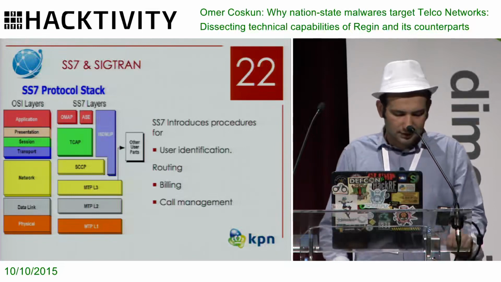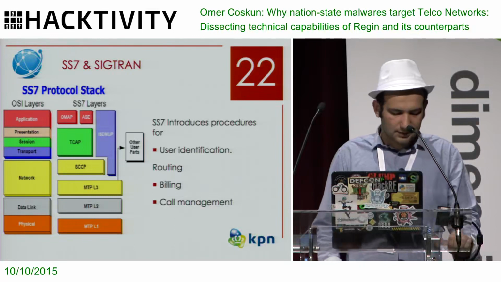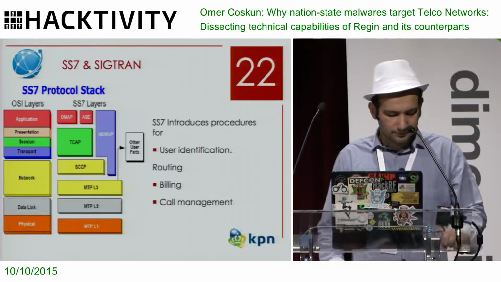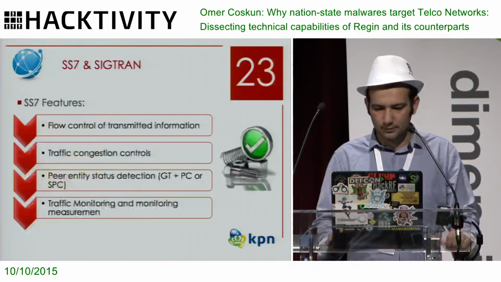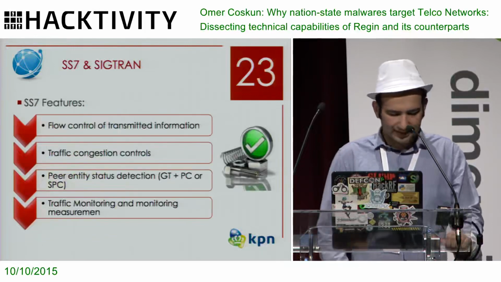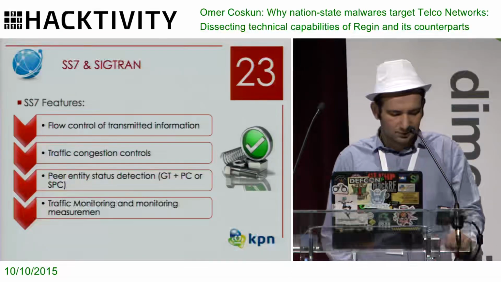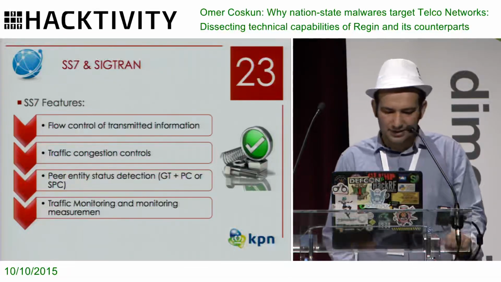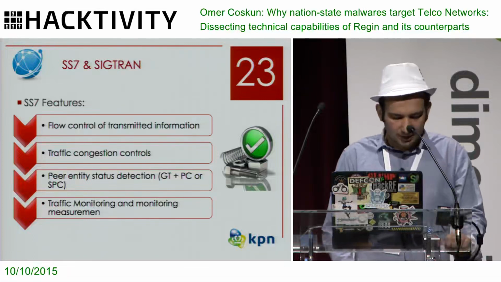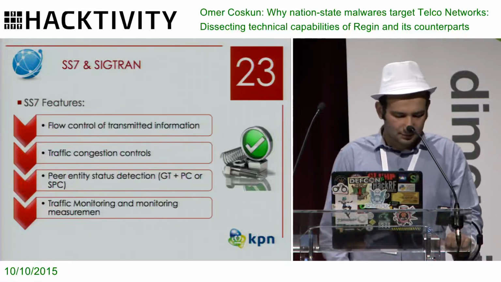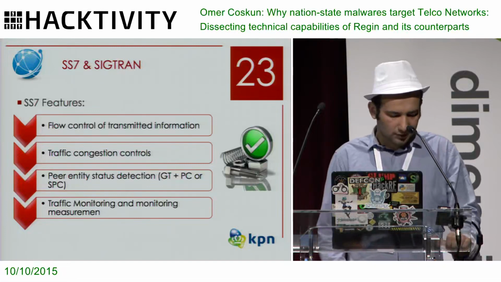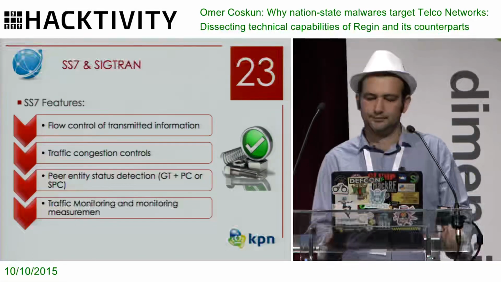There is also the signaling connection part, transport capabilities, application part, telephony user part, and ISDN user part. Some of the SS7 functions include flow control of transmitted information, traffic congestion control, peer identity status detection, or traffic monitoring and monitoring measurement.